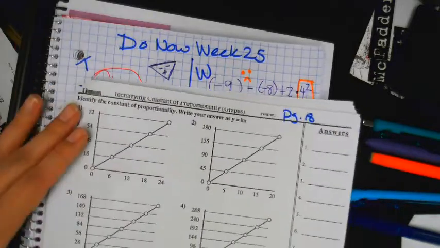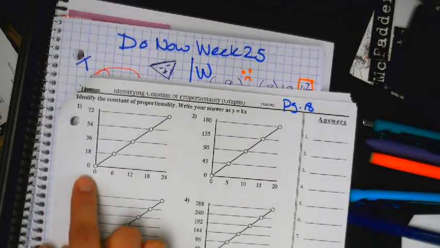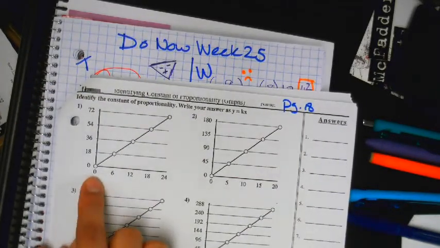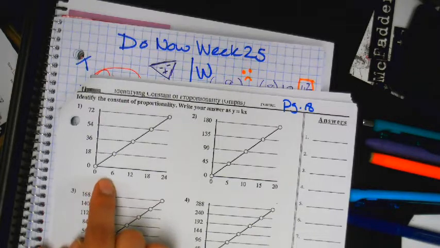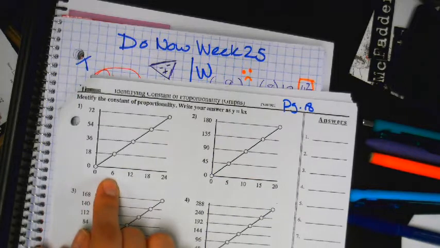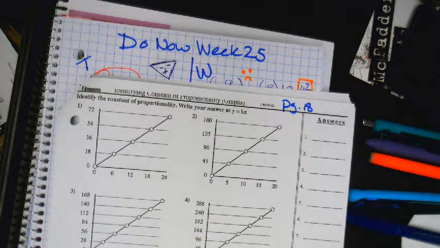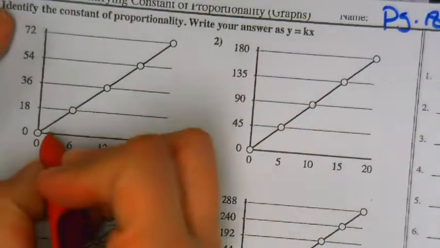Okay, so on page 18, if I look for the 1, there is no 1 there. There's a 6, but I want to find the unit rate, and there's no 1. If I zoom in, I want to know what is the value of 1.